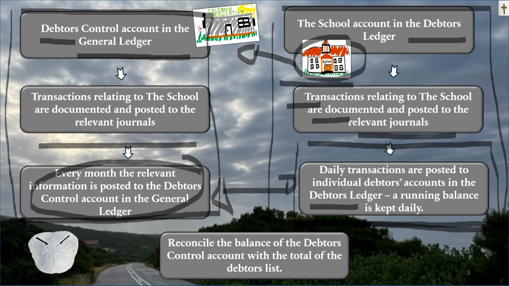In this example, the debtor is the school, and if they equal, we would have reconciled the debtor's ledger with the debtor's control account in the general ledger. So hopefully they will have the same balance.